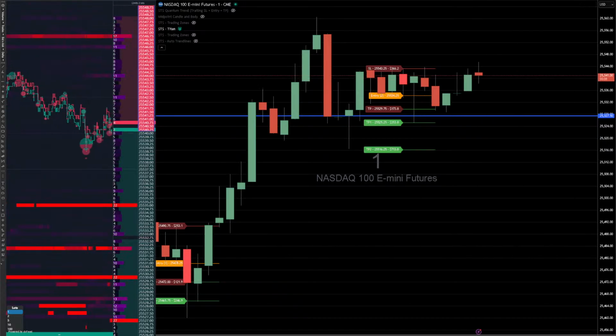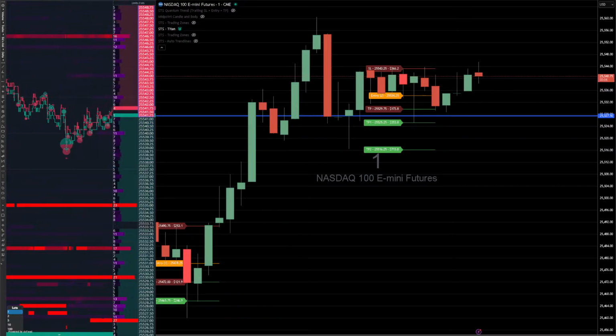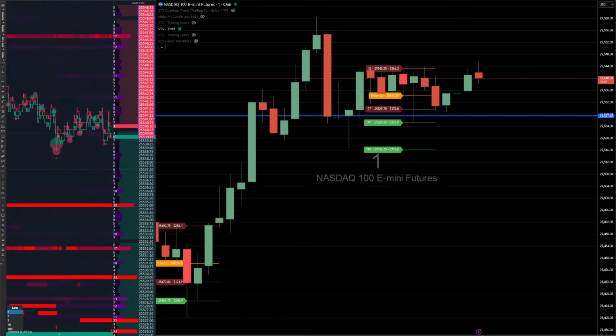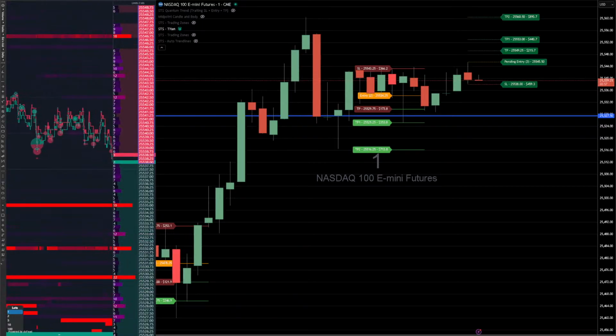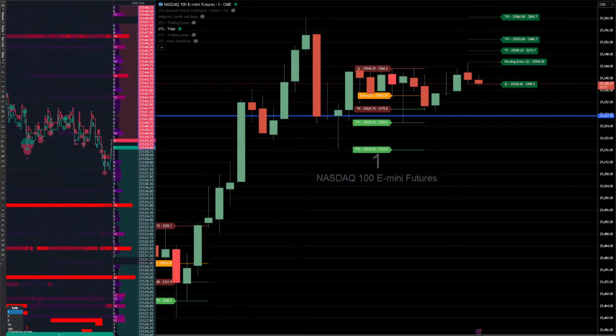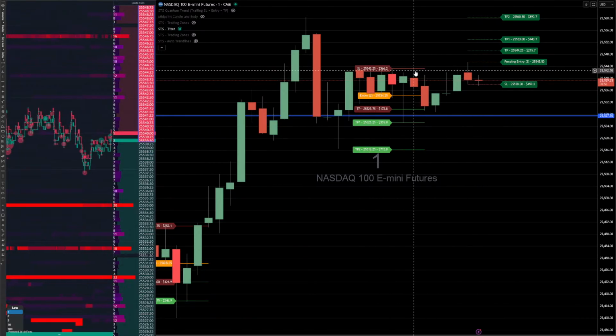Delta's pushing down right now over time. For the last 10 minutes, Delta is curved pushing down, aggressively selling, but price is in this little range right here.